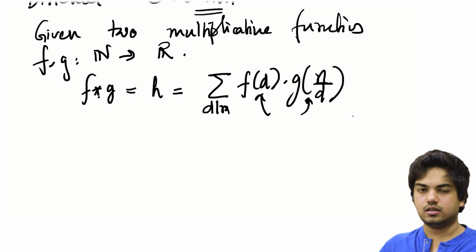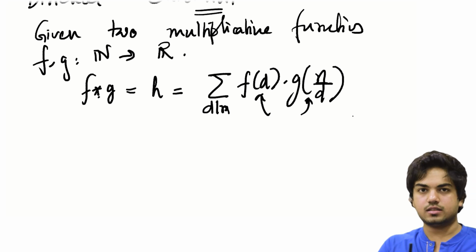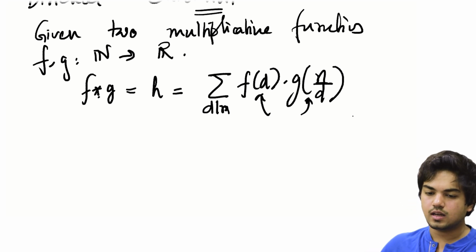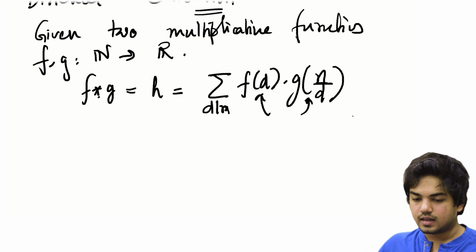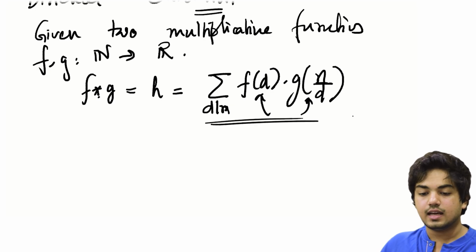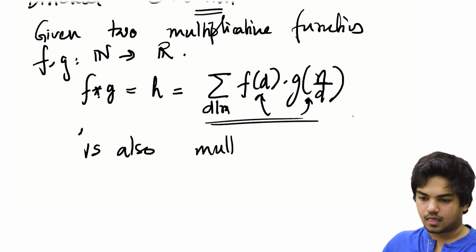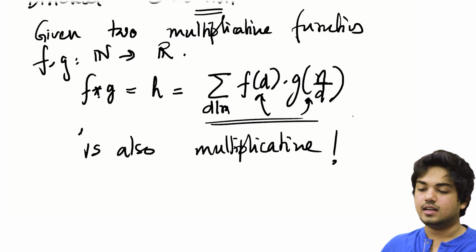Star is like an operator, sort of. Star takes two multiplicative functions and spits out another. I will not prove this, but f star g, which is defined as this sum, is also multiplicative. It's a very nice result.